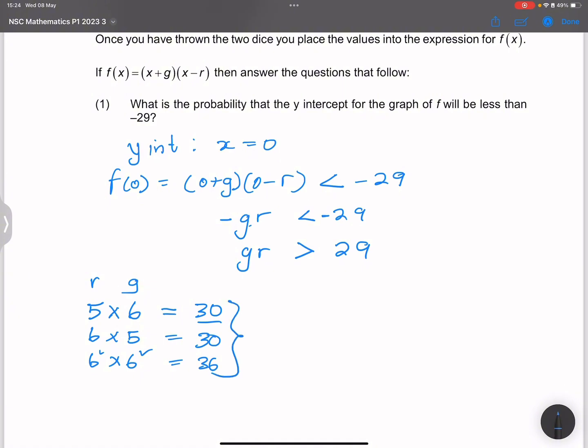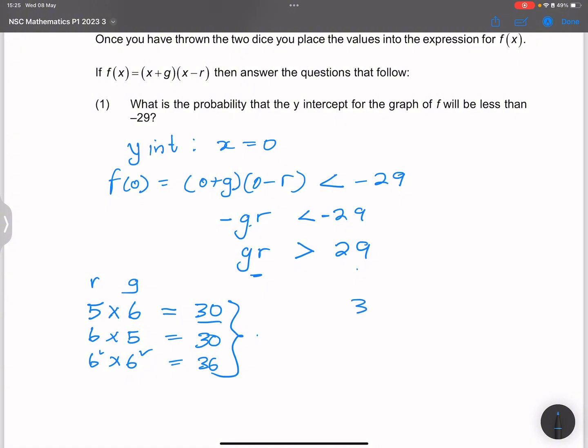So now, ladies and gents, this is 3 possibilities out of how many? Now you remember I said to you, if I've got dice that can give me 6 outcomes each, so the total number of outcomes would be 6 times 6, which is 36. So which means the probability of the y-intercept being less than negative 29, in this case, it's when the product of them gives me greater than 29, and that's 3 possible outcomes.